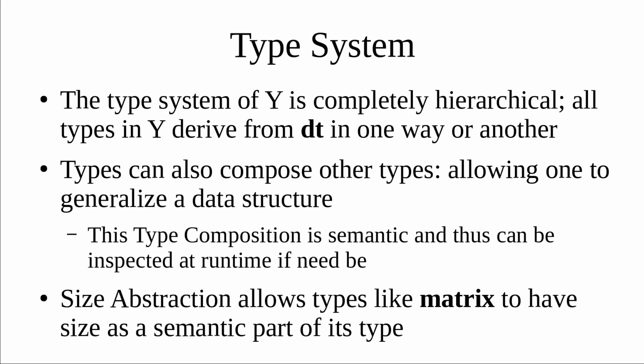So the second feature of the type system of Y is that types can compose other types, and you can generalize data structures like this. So you can have an integer array, but you can also have a pointer array.